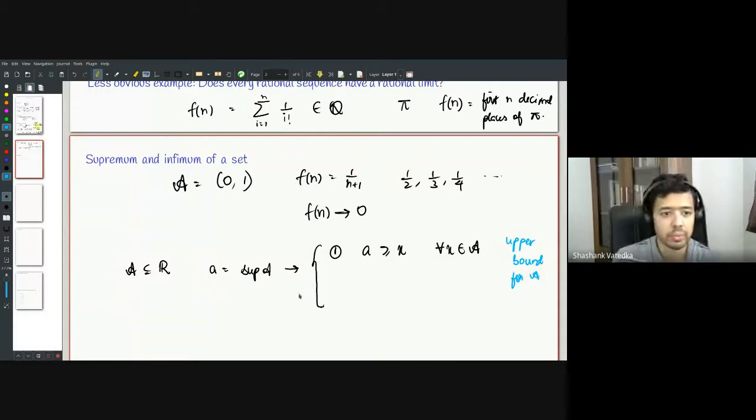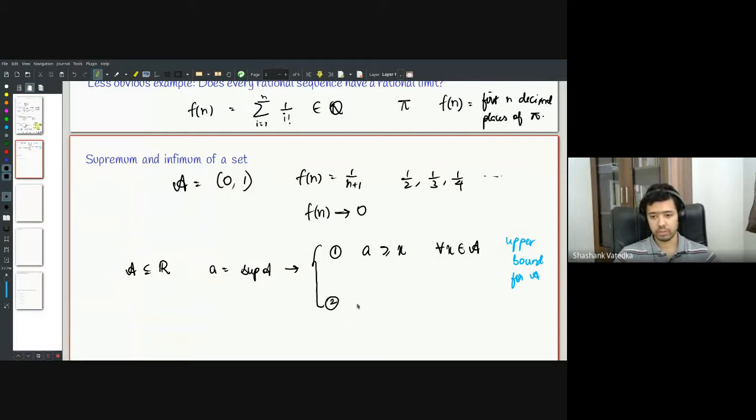And a supremum is basically what I call a least upper bound for A. So it's the smallest number a such that it is greater than or equal to every number in the set A. So in particular, if you take any small epsilon and you shift a little below a, then you'll always find a number in the set which is greater than this.